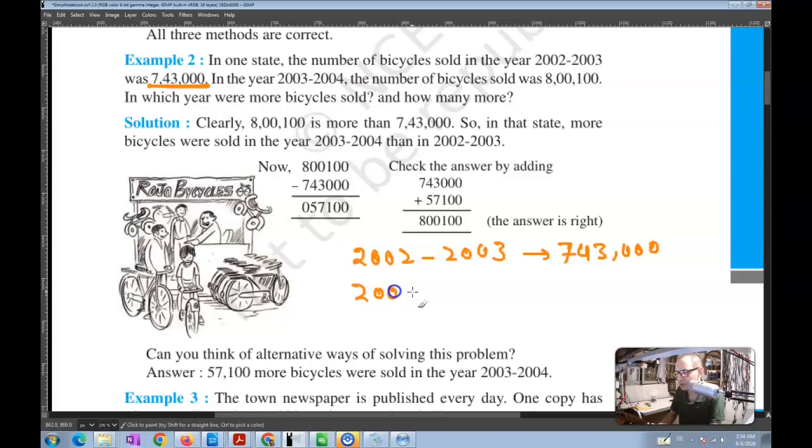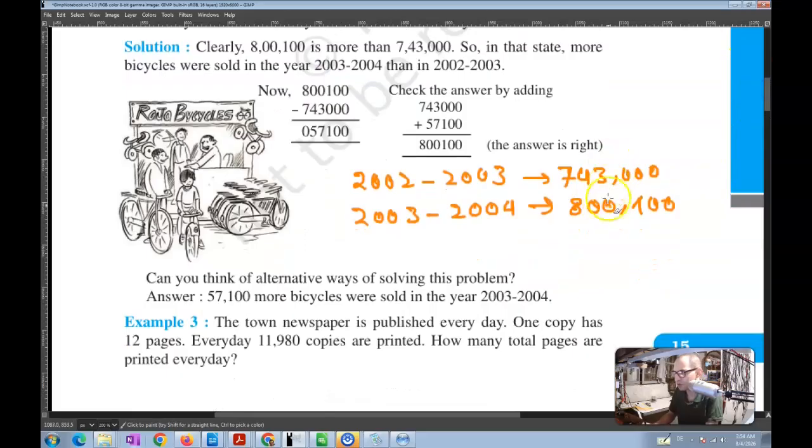In 2003-2004, the number of bicycles sold was 800,100. Now the question is, in which year was the number of bicycles sold higher, and how many? So what you can do is compare these two numbers, right?